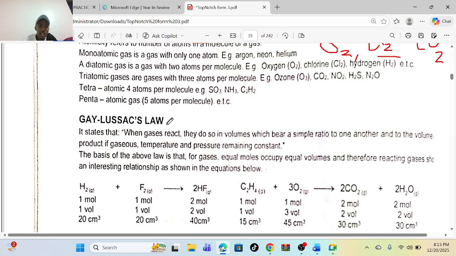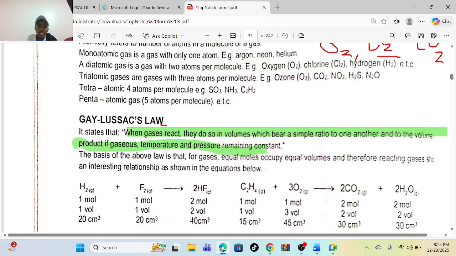My main aim is just this Gay-Lussac's law. Unaambiwa state Gay-Lussac's law. It's a very common question in exams, especially paper 1. Kwa paper 1 hujaambiwa state the Gay-Lussac's law, hiyo paper 1 sijui inakaaje. So it states that when gases react, they do so in volumes which bear a simple ratio to one another and to the volume of products, if temperature and pressure are kept constant.